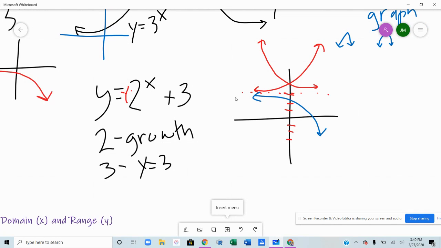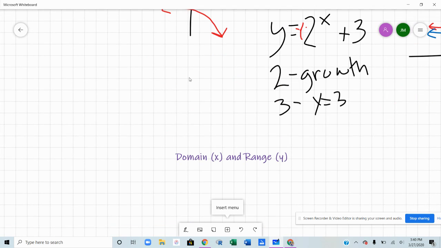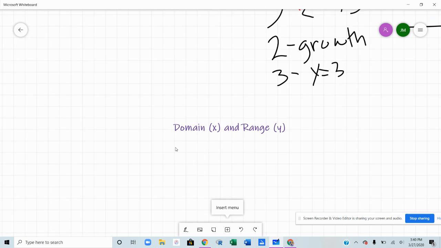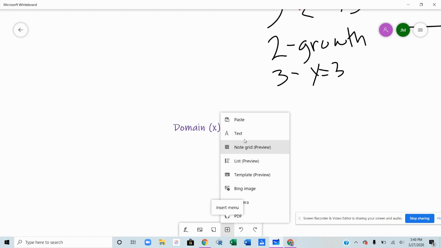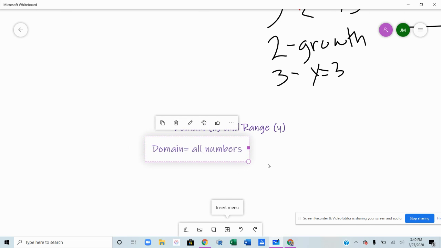How far left is this graph going and how far right? Well, everywhere. It's always going to be all numbers, because your graph is always going to go left forever and right forever.